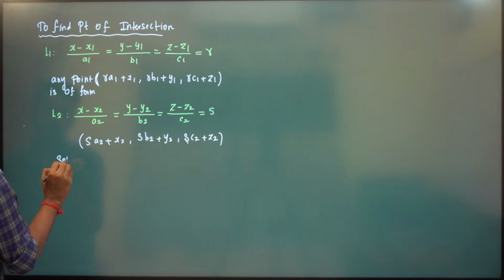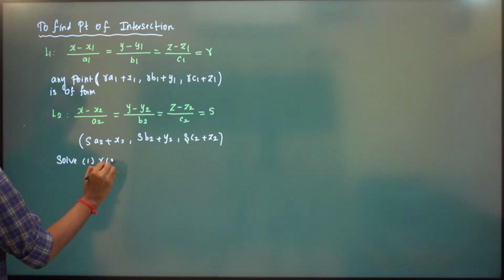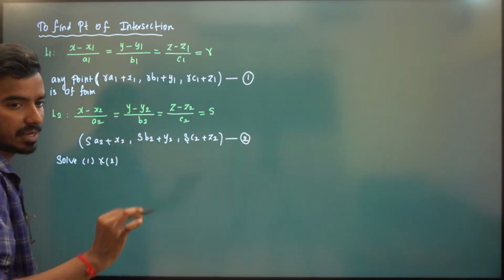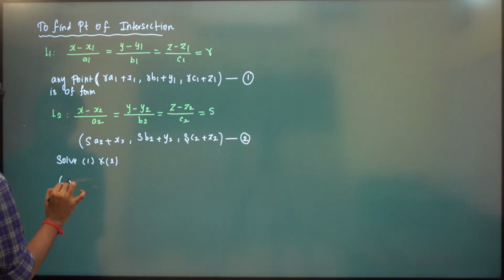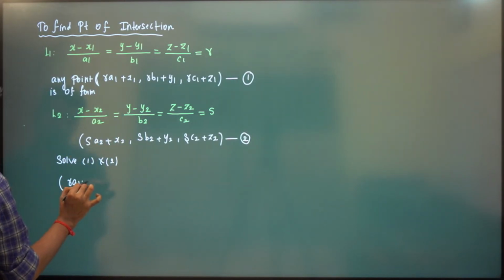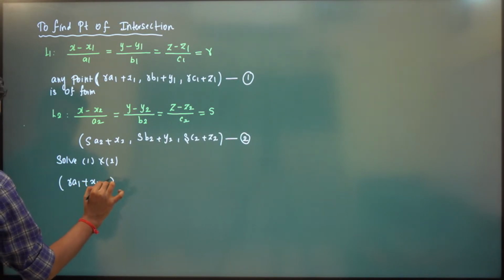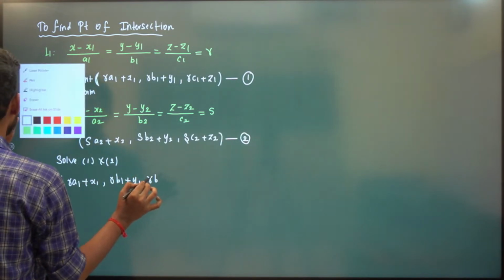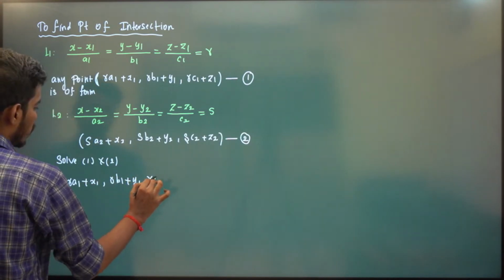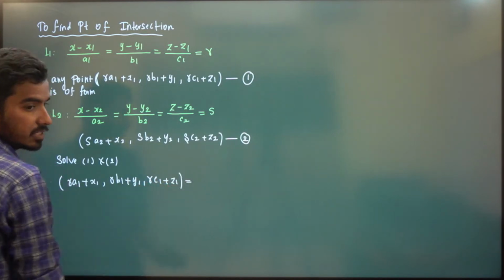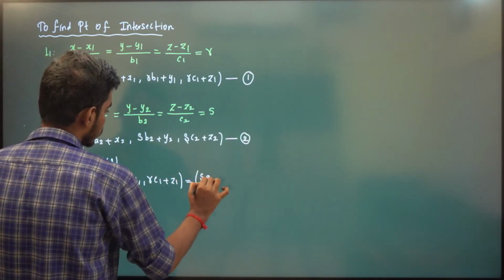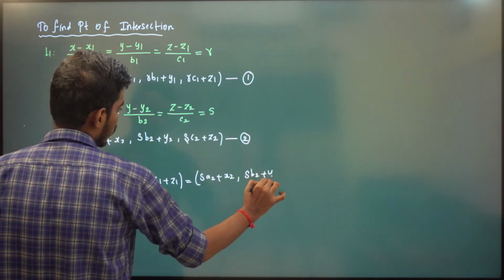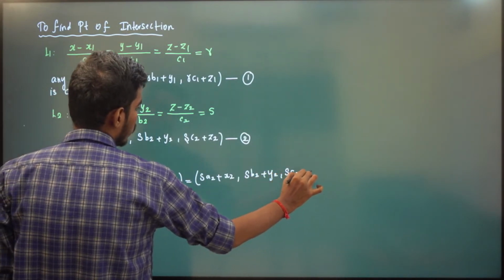Now solve 1 and 2. So any point will be of this form, and any point in L2 will be of this form. Now you just equate RA1 plus X1, RB1 plus Y1, RC1 plus Z1 is equal to SA2 plus X2, SB2 plus Y2, SC2 plus Z2.